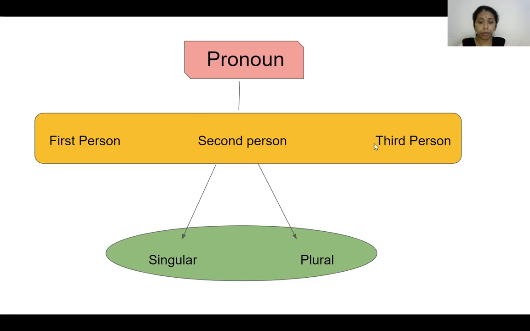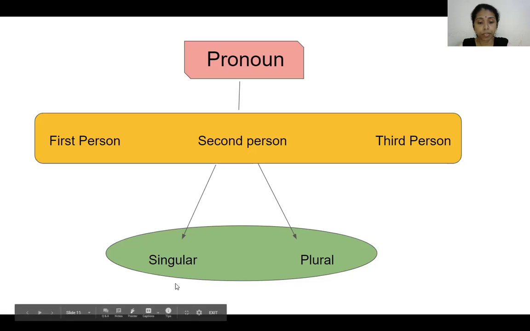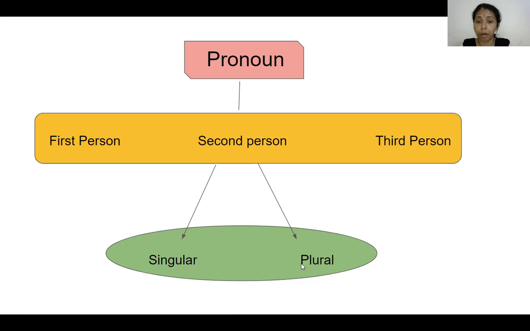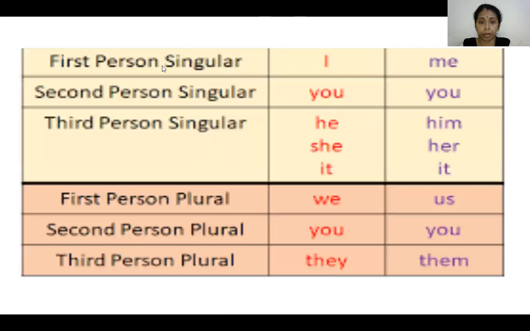Okay. Now these pronouns first of all depend on the person, categorized person-wise, and then they are related to singular and plural, that means number-wise also. Now let's check how it is. First person singular number: in first person singular number the pronouns are I, me.